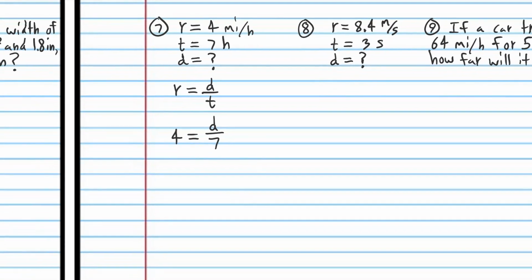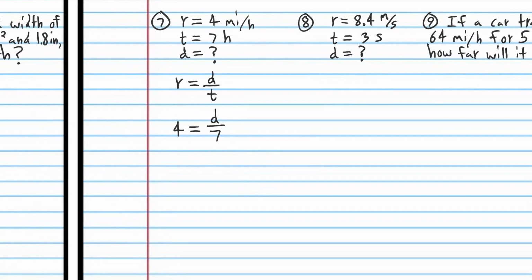So now I just have to solve this one-step equation. So I'm going to perform an operation on both sides, so I have to rewrite the equation. And D is divided by 7, because remember, the fraction line means division. The fraction line means that you're dividing by 7. So in order to get rid of the 7, I have to do the opposite of dividing by 7.